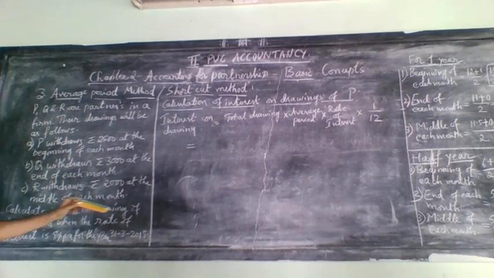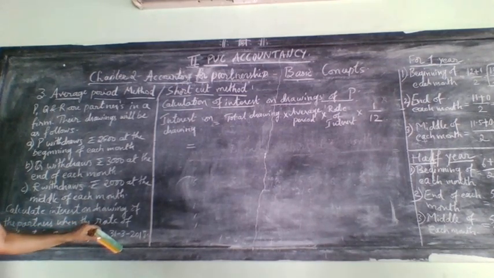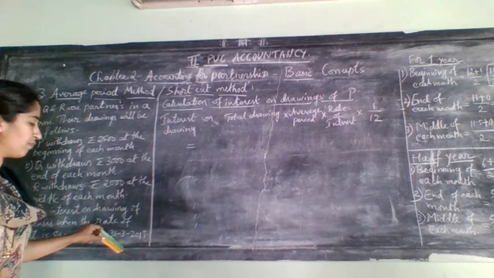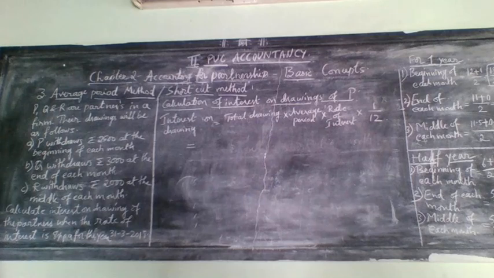Calculate interest on drawing of the partners when the rate of interest is 8% per annum for the year ending 31st/3/2018. Here they have given 3 partners' names.